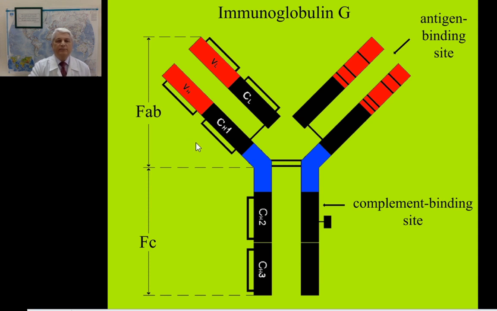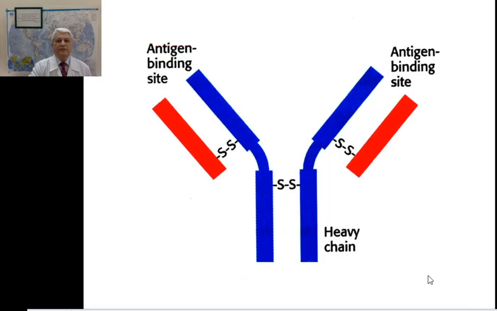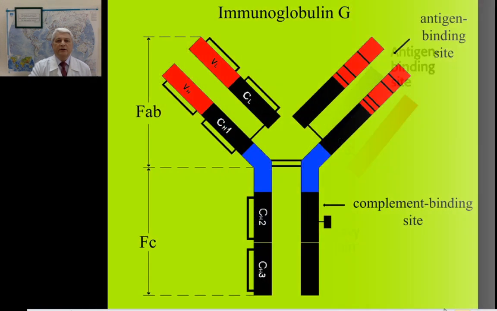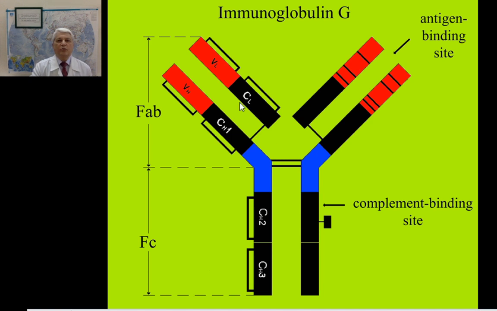Constant domains are shown on this picture by black color. So you can see that there is one constant domain in light chain and 1, 2, 3 constant domains in the heavy chain.